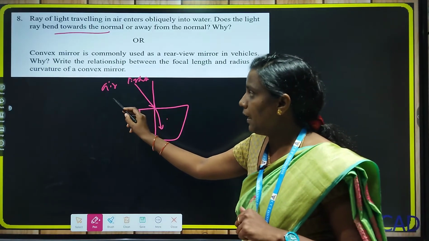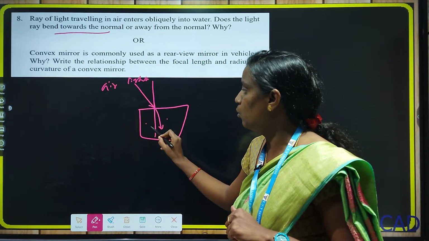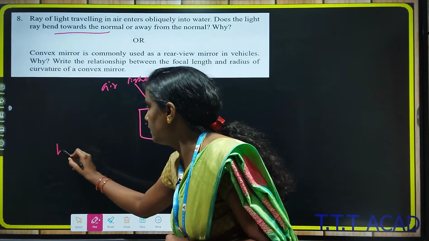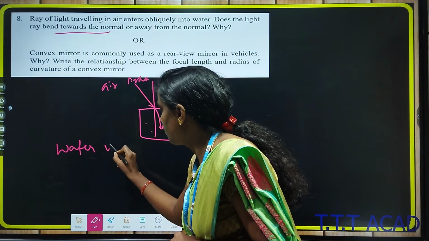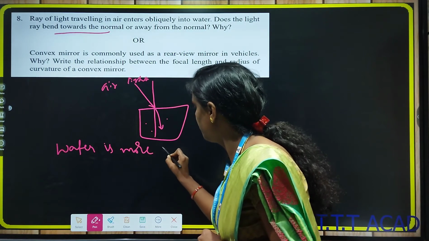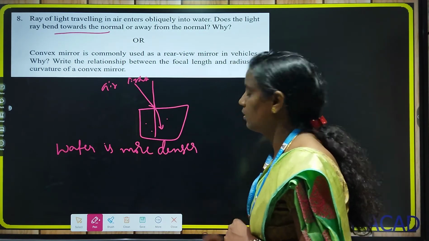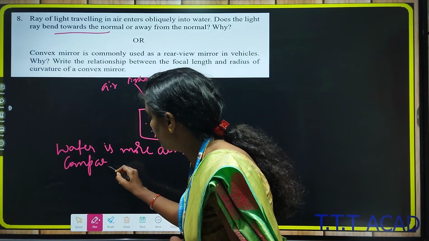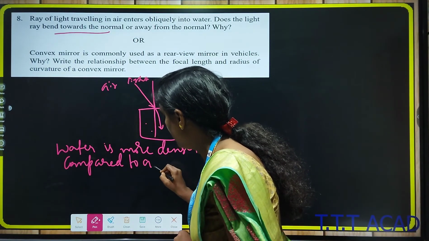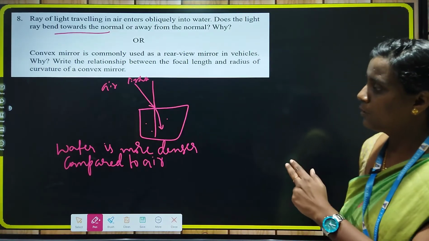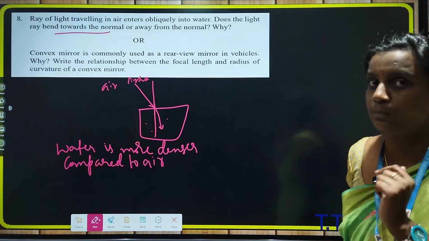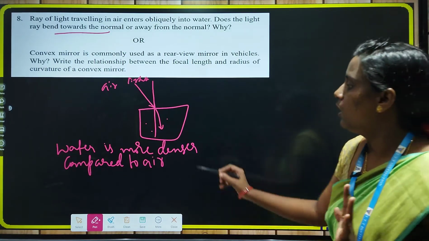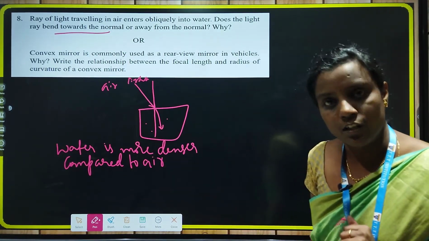Because water is more dense compared to air. So, that will be the answer, right, children? Fine. The speed of light is changing, travelling from air to the denser medium. So, the light ray is bending towards the normal.